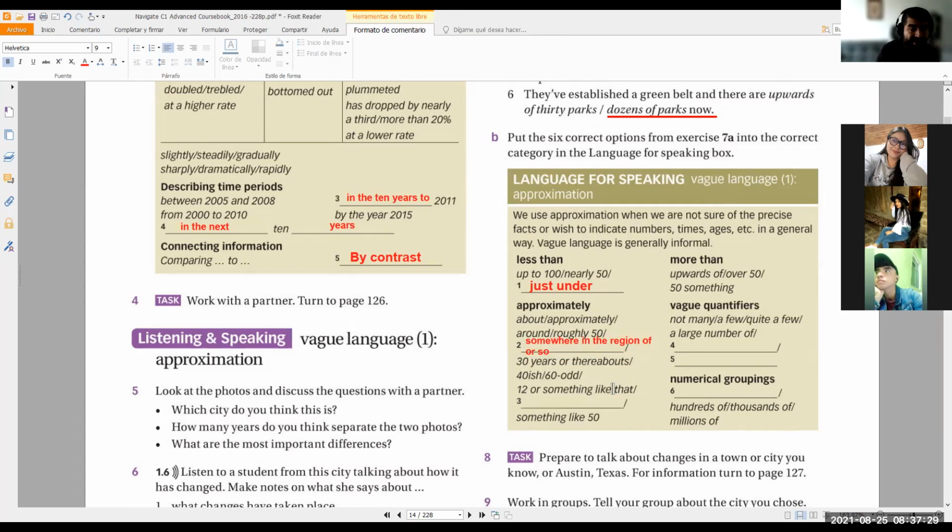Let's continue with the next number. I'm a little bit confused. So it should be somewhere in the region here. And this or so, we can leave it in exercise number 3, because it's the same category. That's why I got it confused. So in number 3, specifically, it's or so.